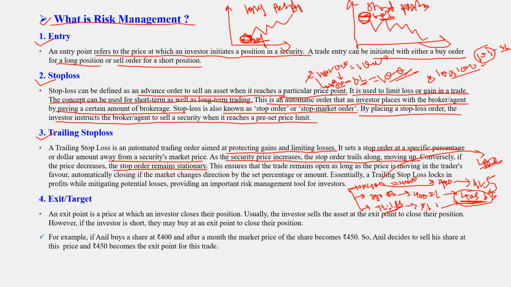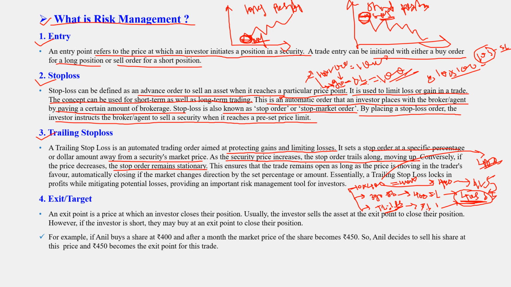Like we bought the stock at 400 and now it is 415, so the price first reaches 415, meaning a 15 gap. This gap is maintained through the trailing stop loss, and the stop loss order is now 405.